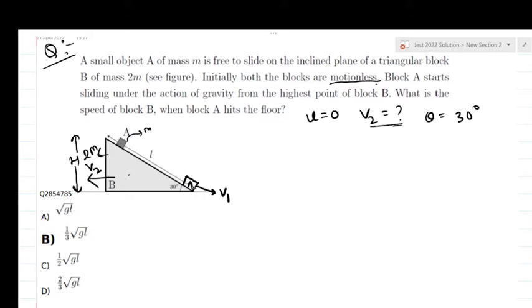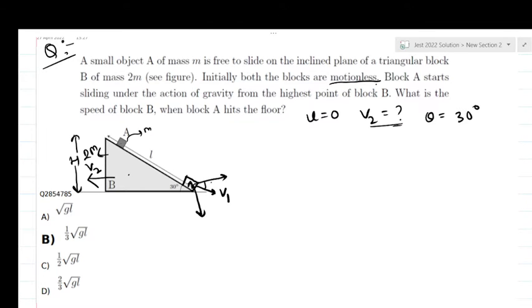This smaller mass is coming with velocity v1 at an inclined angle, so its velocity has components in the horizontal as well as the vertical direction.